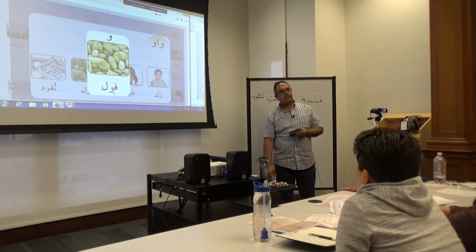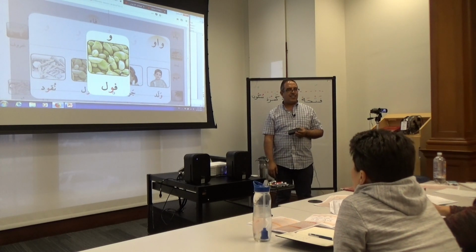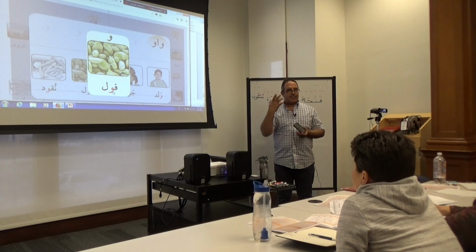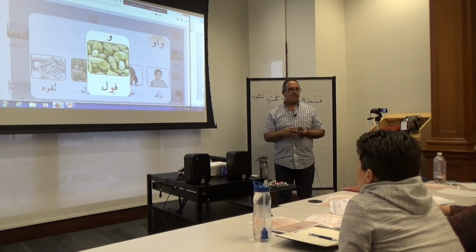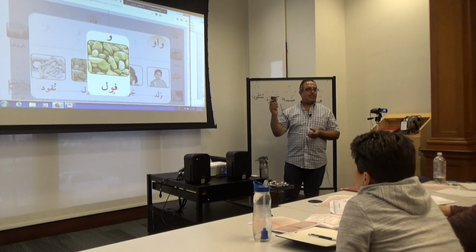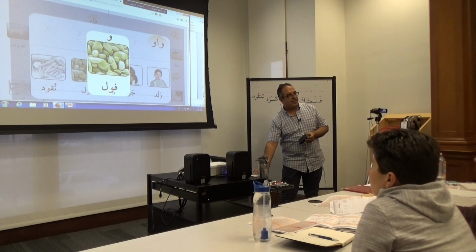So together is? Fu. And the last one is? Together is what? Fool. Like fool. Somebody's fool. But that's a word in Arabic which means the fava beans. Yeah, I think so.